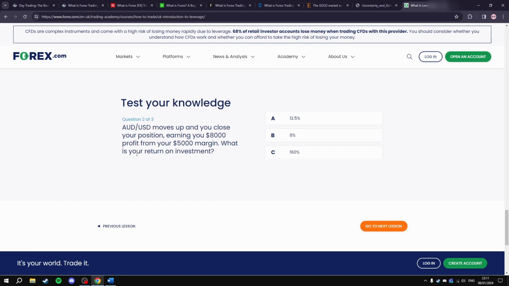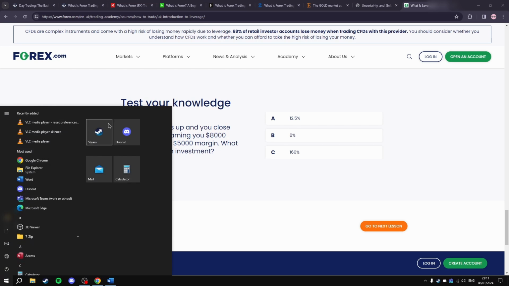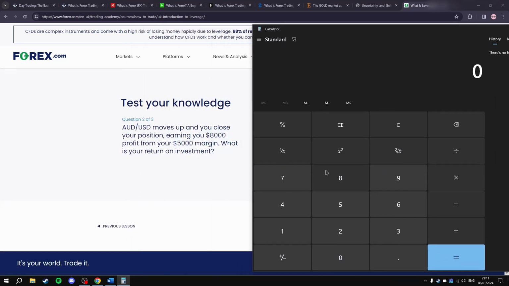What is your return on investment? Earning 8,000 profit. So that should be 8,000 minus 5,000, which is 3,000. Let's see. Calculator. So 8,000 minus 5,000.